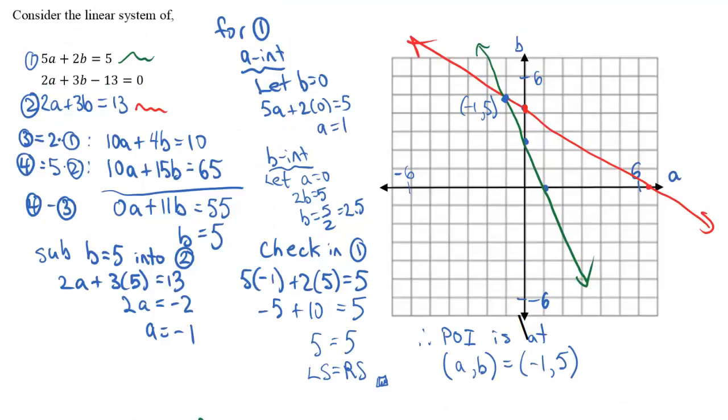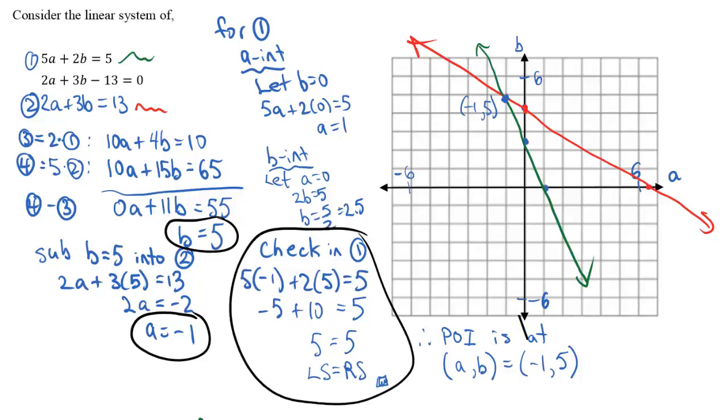I've cleaned up the mess, and I want to now take a look at these solutions again, and then take a look at my check. So we've got solution a equals -1 and b equals 5, I want to check this.